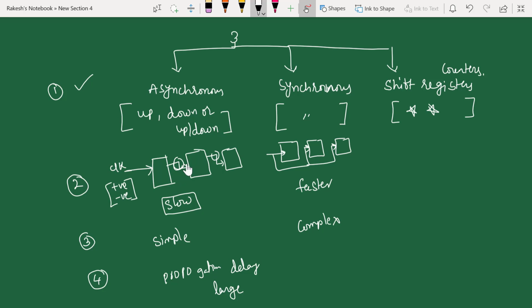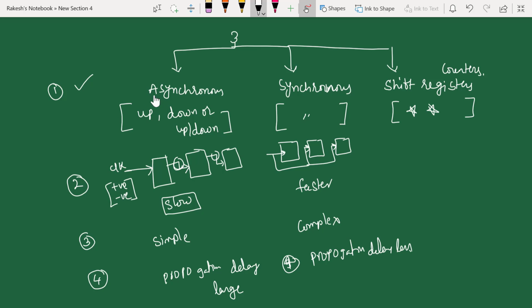The second has to wait till the first output changes. The third has to wait till the second output changes. Whereas in this case, the propagation delay is very less. So these are the major differences between asynchronous and synchronous.